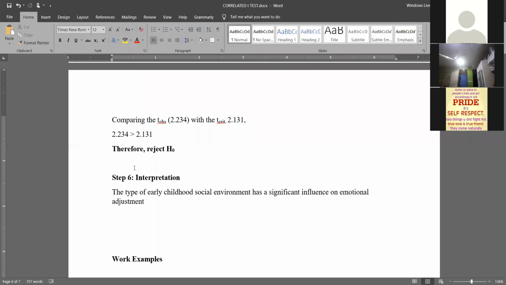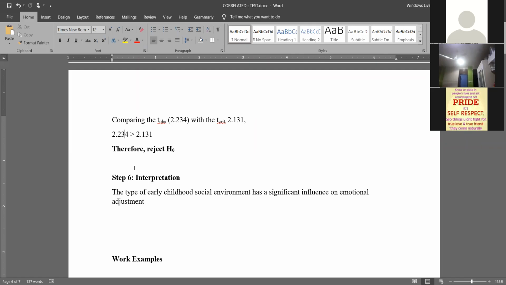This tells you that you have no other option than to accept which one? H1. Because you've made a decision to reject HO. So it means you have to accept H1. Hence, you go back to step 2, the statement you indicated for H1, where we indicated the type of early childhood social environment.